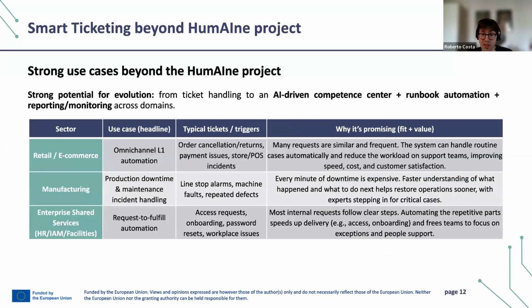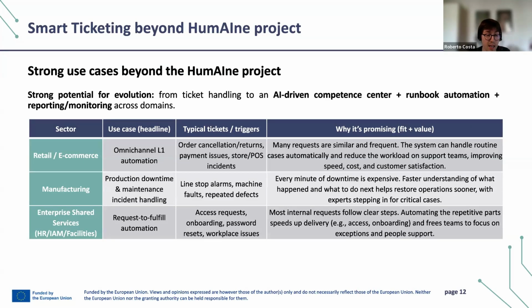And here are a few very prominent, in our opinion, other potential use cases that can follow a similar logic to smart ticketing to provide AI-driven solutions with a human in the loop. For example, retail and e-commerce, in the management of orders, customer support, payments, and any kind of accidents related to payments, transactions, orders, and so on.